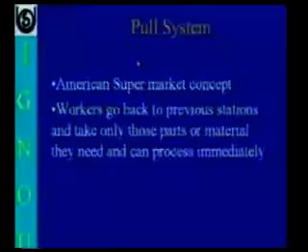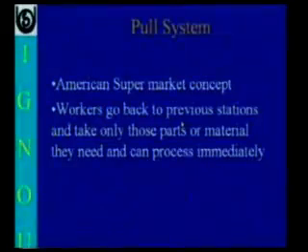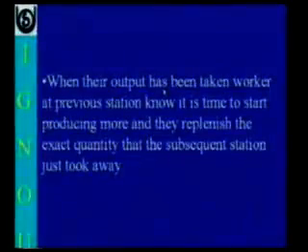Now the pull system. In JIT we adopt the pull system, where the worker goes back to the previous center and pulls production from the previous center to his center. So he knows when to start and when to finish the work.